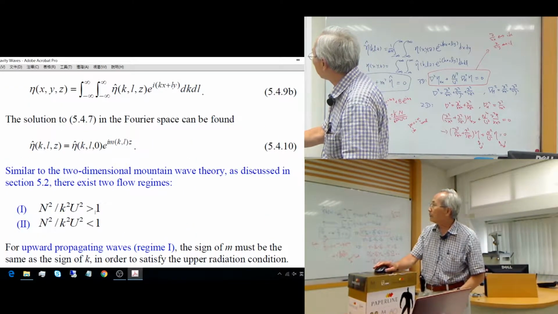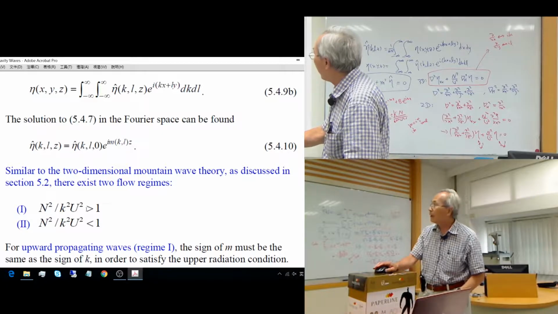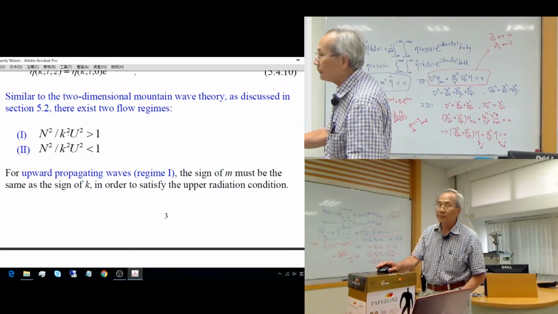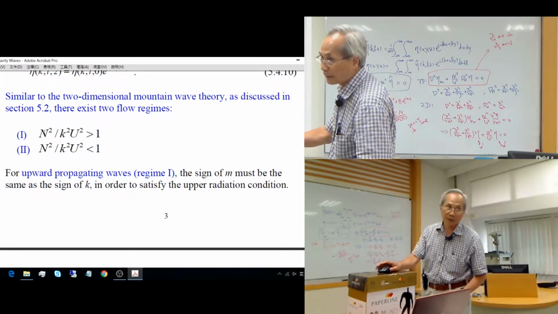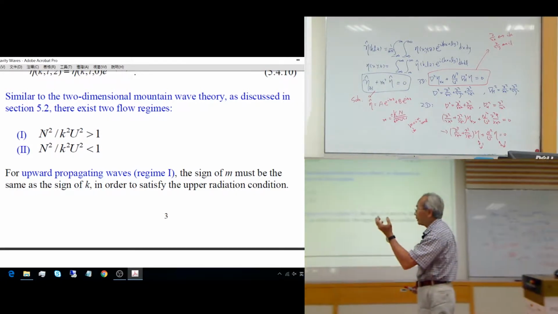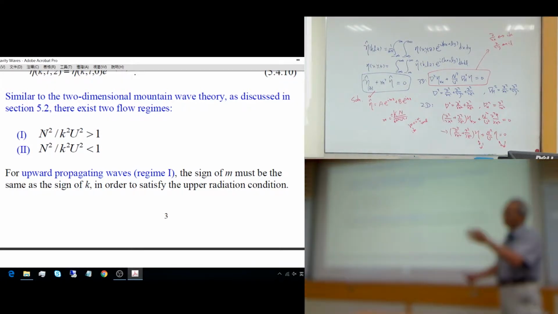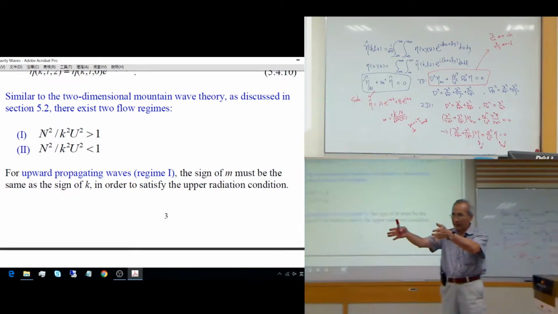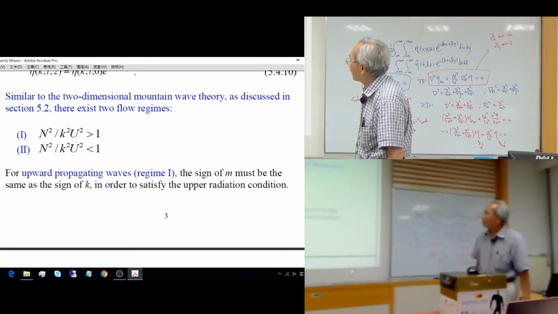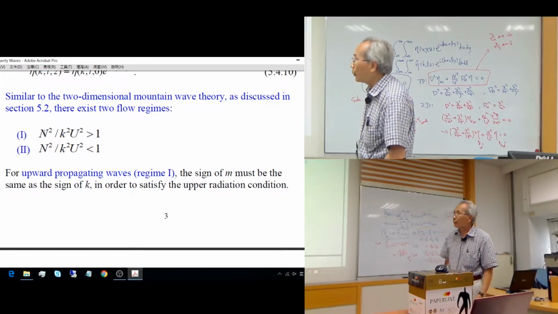So it depends on which case, N squared over k squared U squared greater than 1 or less than 1. The first one means the buoyancy force, because the buoyancy frequency is dominant, is larger than kU. kU is the inertial force, that is advection. And then we have the upward propagating waves. That's what we call regime 1.